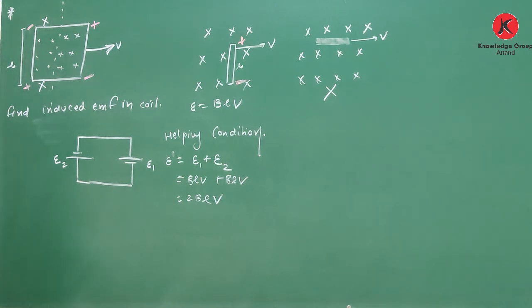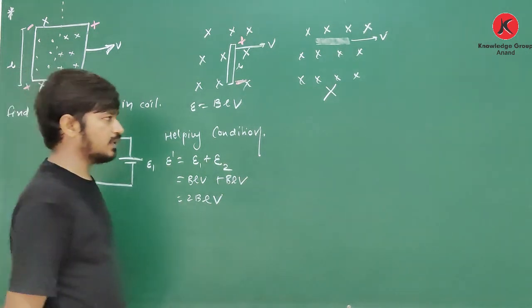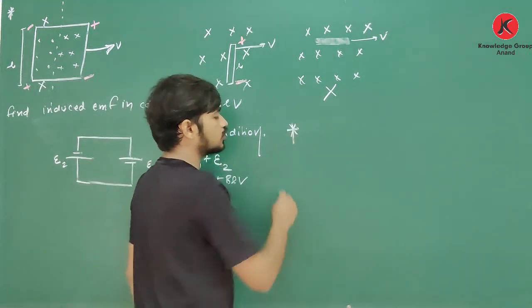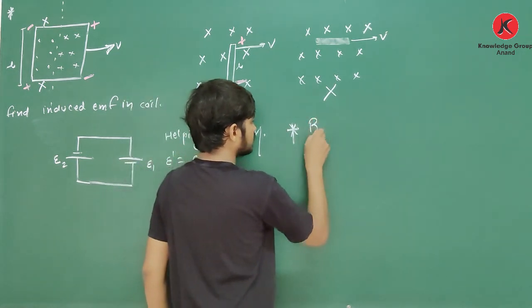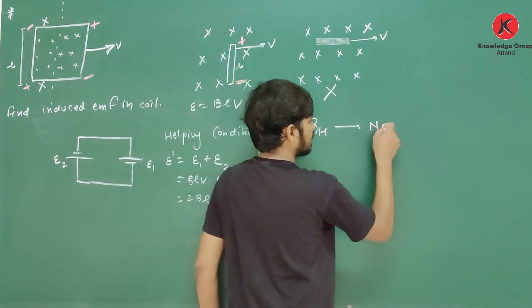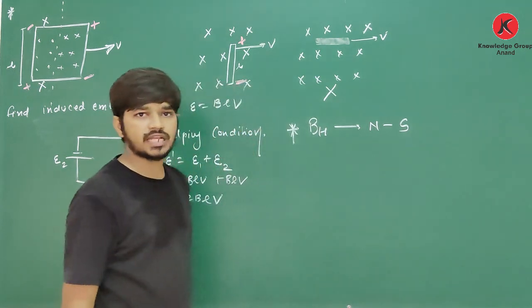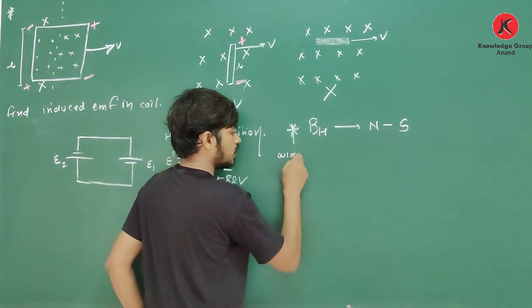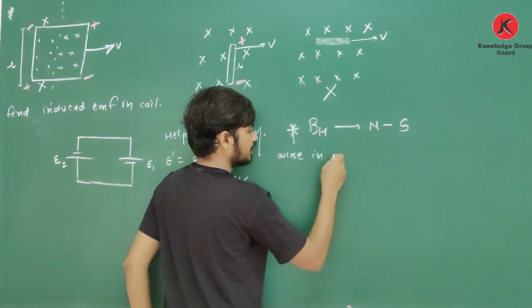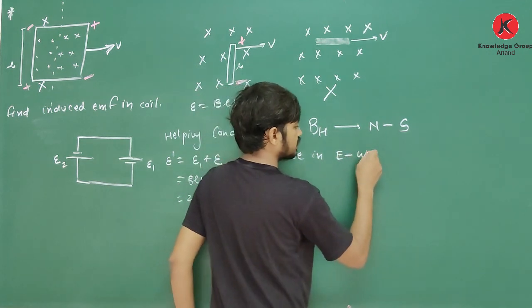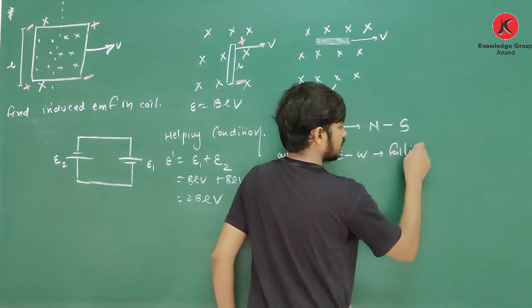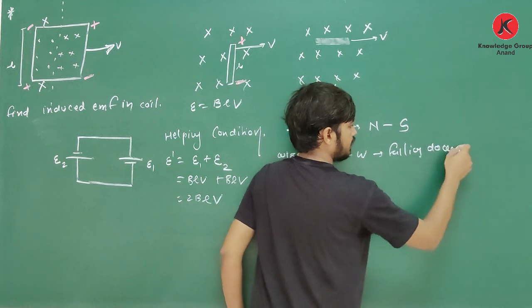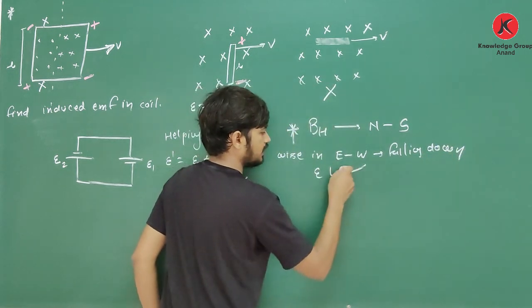So this point you have to remember. I will write one short note: BH, that is the horizontal component of Earth's magnetic field, is from north to south direction. If a wire which is in the east to west direction is falling down, then EMF is induced.